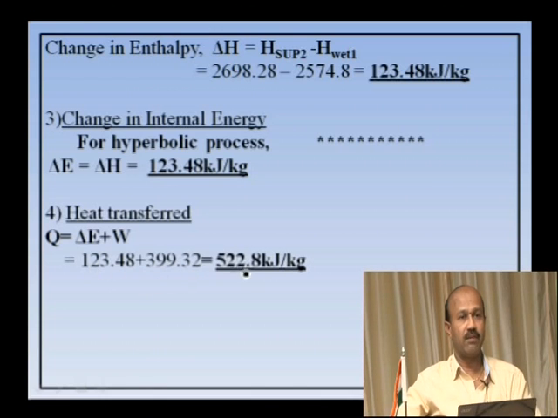So, totally we have 522.8 kilojoules per kg of heat transferred to the steam. That is, initially it is wet, by transferring this much heat it becomes superheated steam. So, in hyperbolic, point number 3 is very important, because in hyperbolic delta E is nothing but delta H.